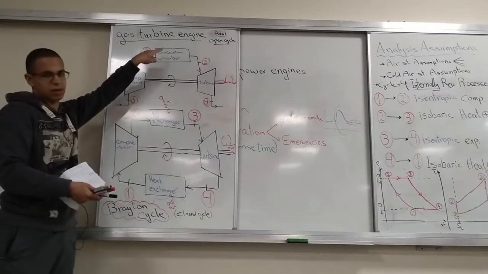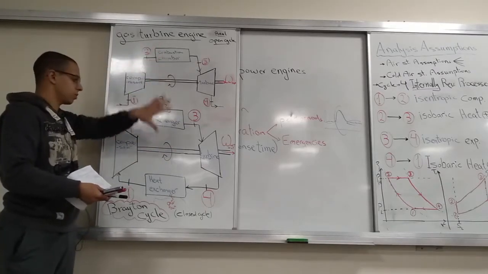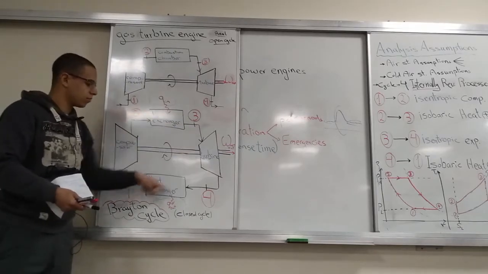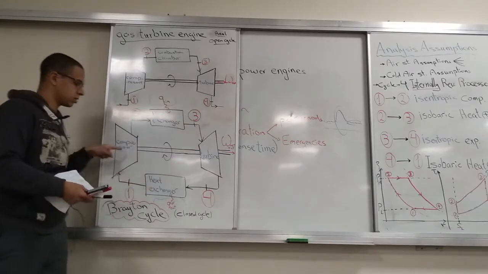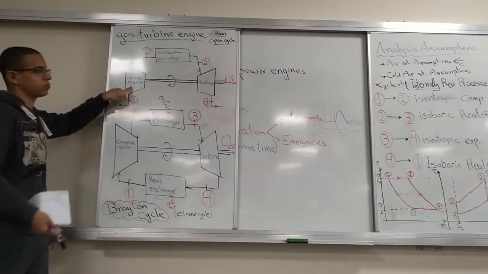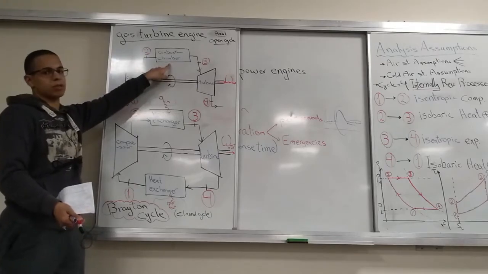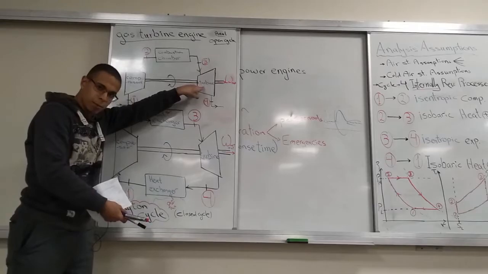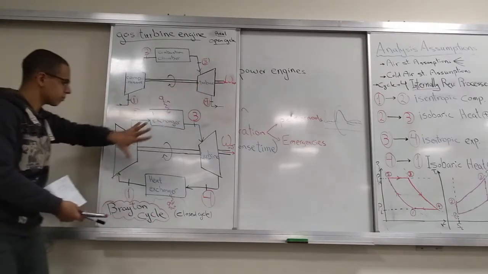Here the heat is inside the cycle. This is an internal combustion engine. Here the heat comes from outside the cycle. The working fluid is the same throughout the cycle. In the actual one, the working fluid for the compression is fresh air. Then in the combustion chamber, it's mixed with fuel and burned. Then the combustion products are passed to the turbine.